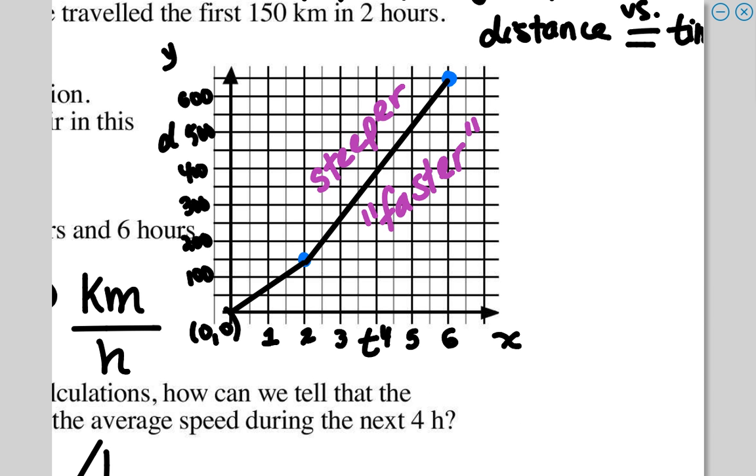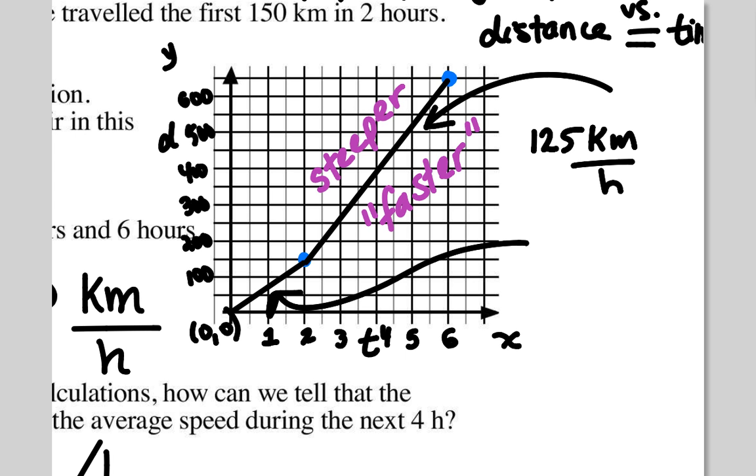So for exercise, why don't you guys calculate the slope of the first line? We know the second one is 125 k per hour. That's for this one. Can you guys go ahead and calculate the slope for that one? Okay, so I know some people like formulas and they want to make sure they're doing everything right, but sometimes it's worth it just to think about this.